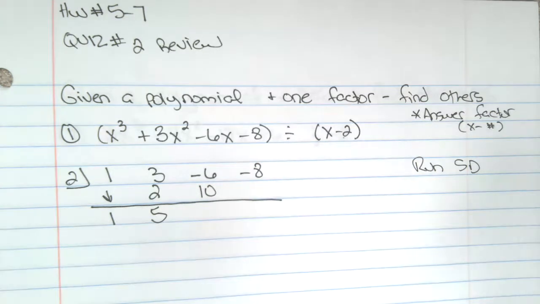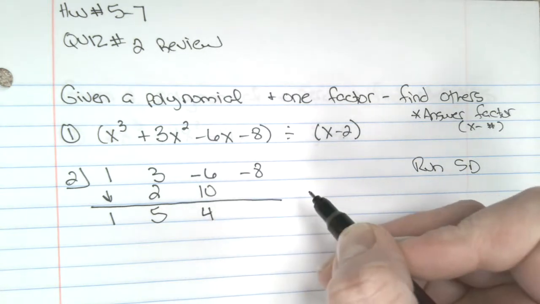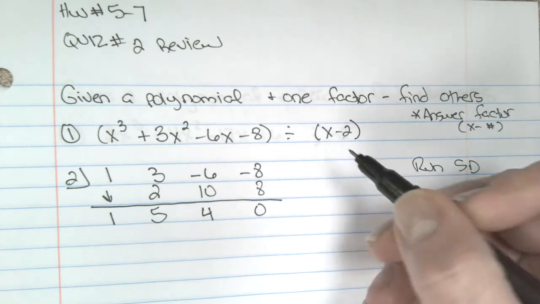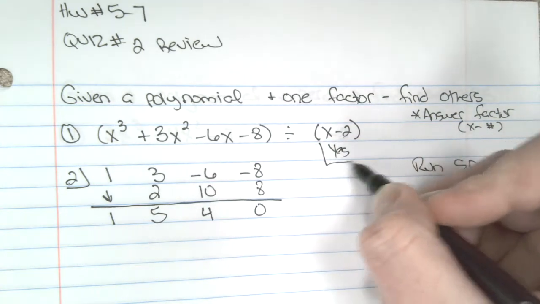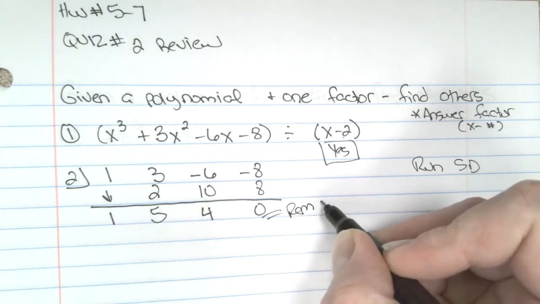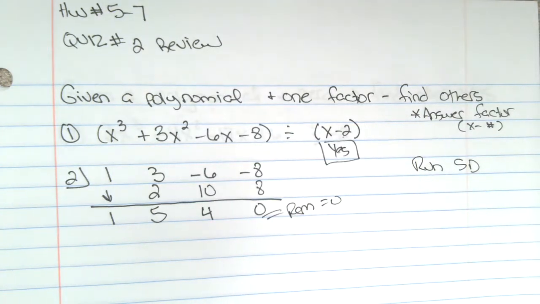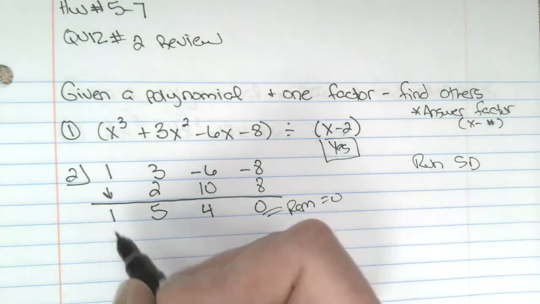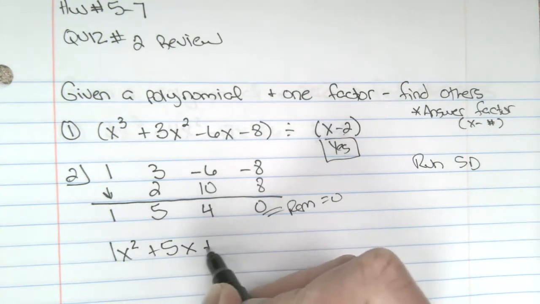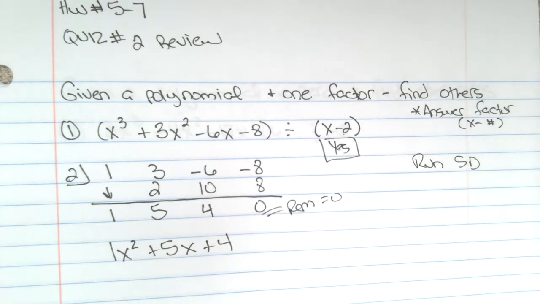Multiply. Add. Multiply. Add. All right, so we know that, yes, you are definitely a factor because my remainder equals 0. Put your variables back in, so 1x squared plus 5x plus 4.